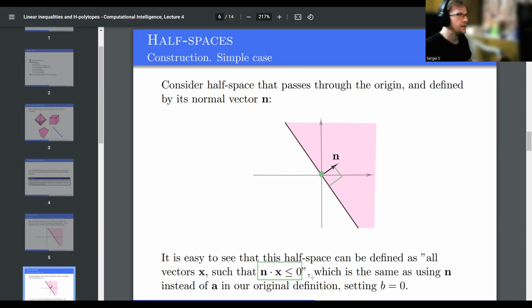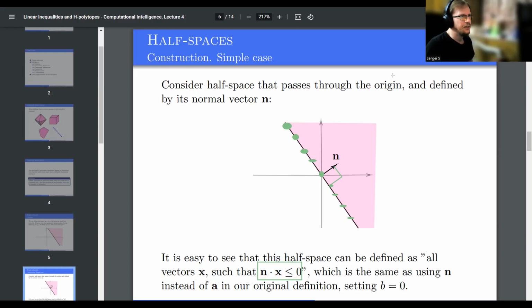How do I know? Well, first of all, for points here, n times x will be equal to 0. Why? Because they are orthogonal to n. For orthogonal vectors, the dot product is equal to 0.